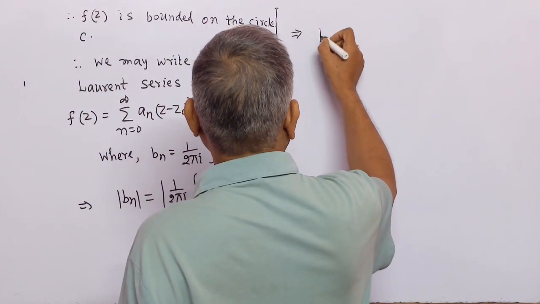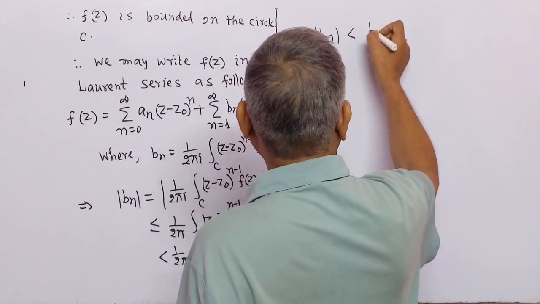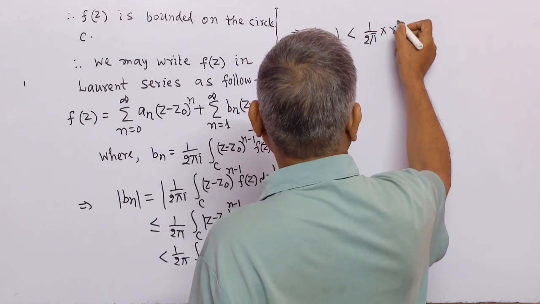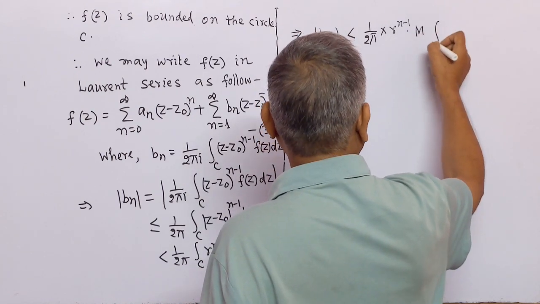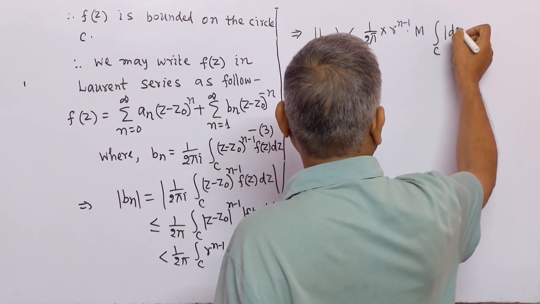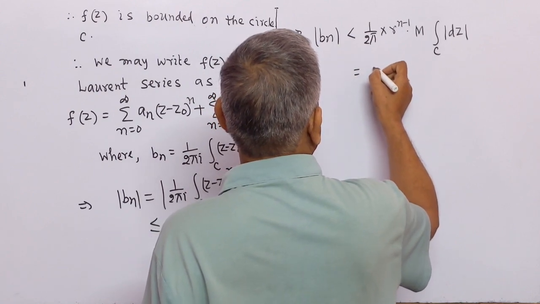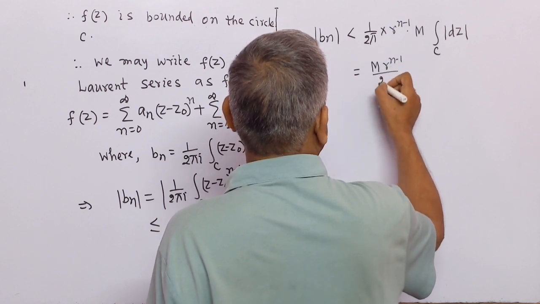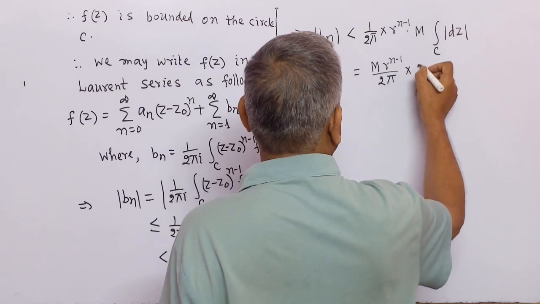Implies that modulus of b_n is less than 1 by 2 pi multiply r to the power n minus 1 multiply M integration along the circle C modulus of dz. This is equal to M r to the power n minus 1 by 2 pi, and this integration is 2 pi r.